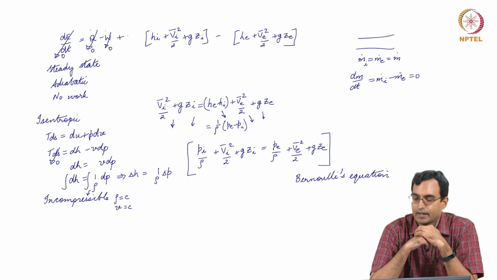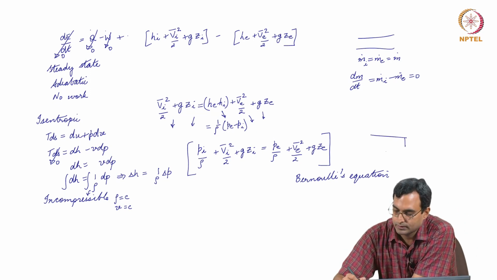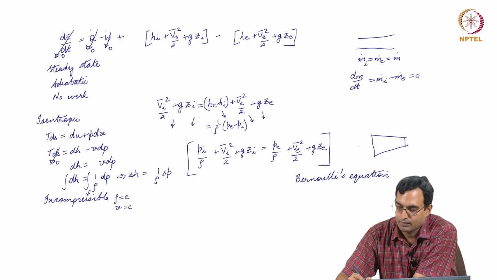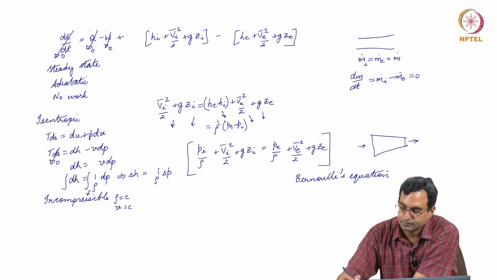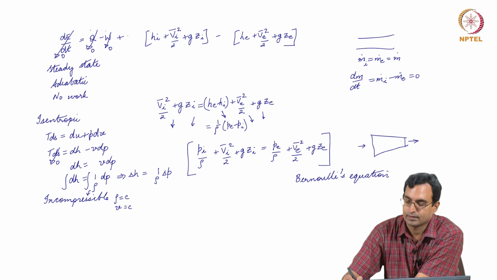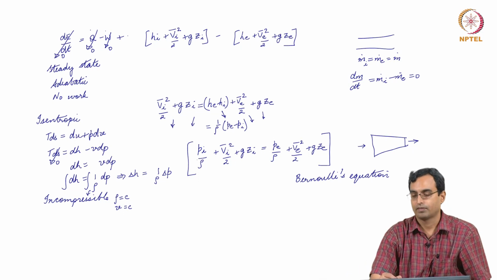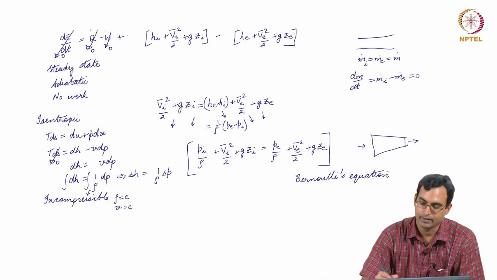This is an expression which we can use, for example, in devices like nozzles and so on, or a diffuser or a pipe, where we know the pressures. If we know the pressures at the inlet and outlet, and we know the cross sectional areas, and, for example, the change in potential energy is not significant, we can find out how much will be the increase in velocity if we know the pressures or so on.